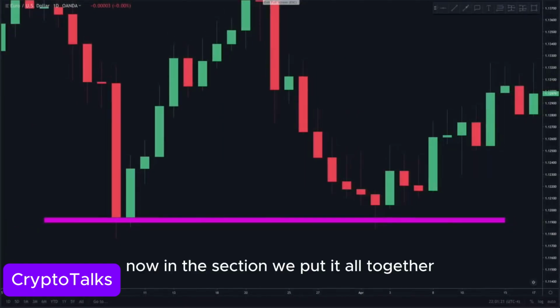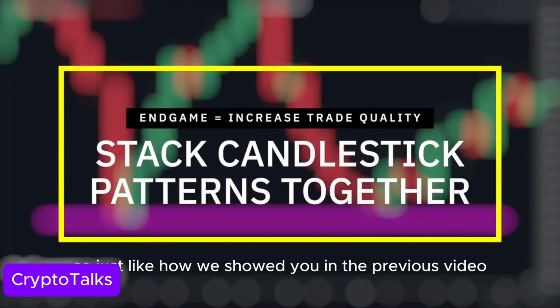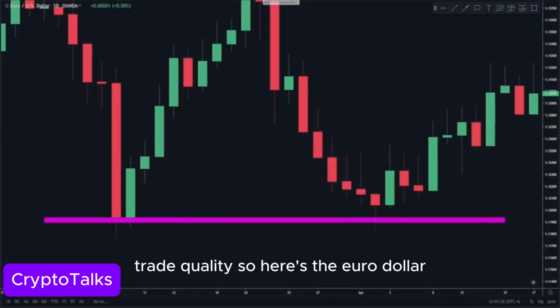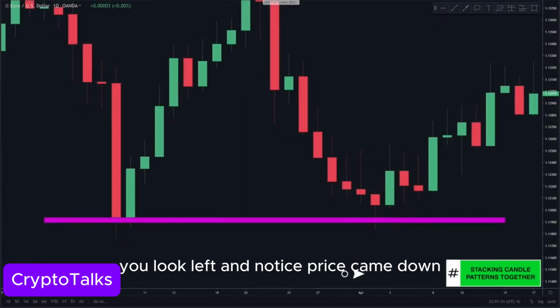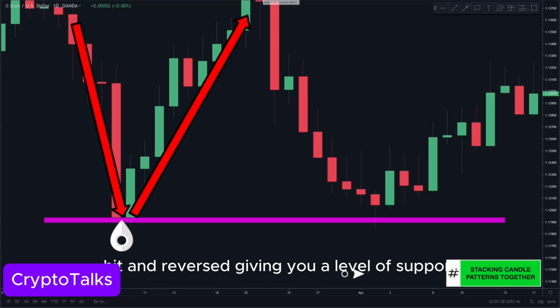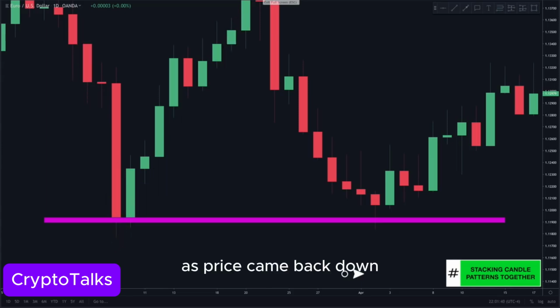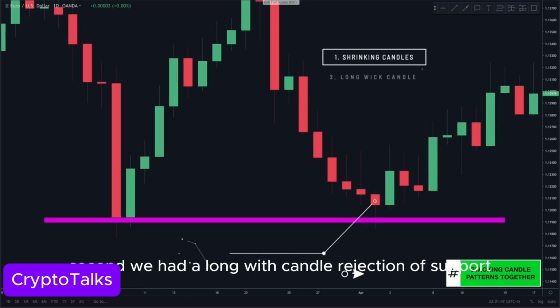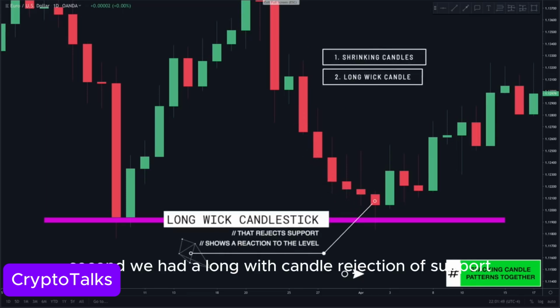Now, in this section we put it all together. Just as we learned how to stack support and resistance, you can also stack candle patterns together to increase trade quality. So here's the Euro Dollar. You look left and notice price came down. As price came back down, first, second, we had a long wick candle rejection of support.